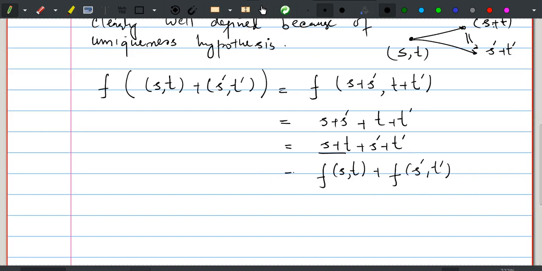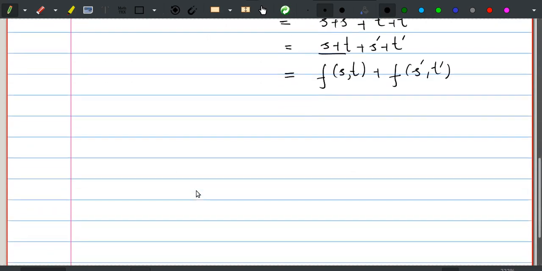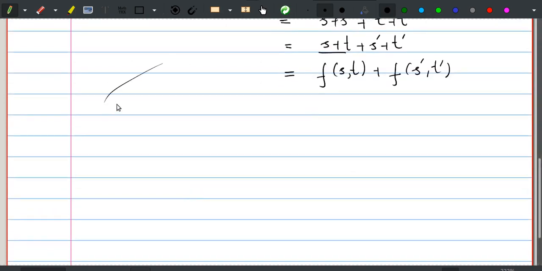This implies f is a homomorphism. Therefore f is a homomorphism.